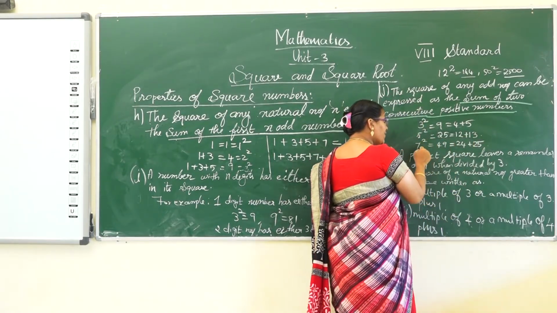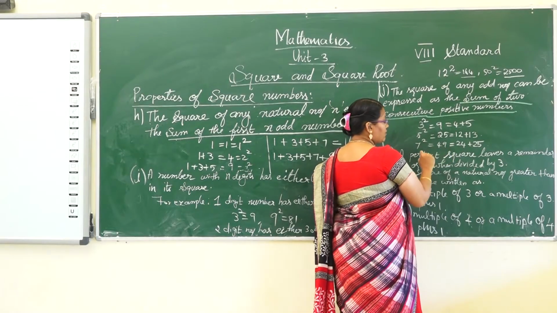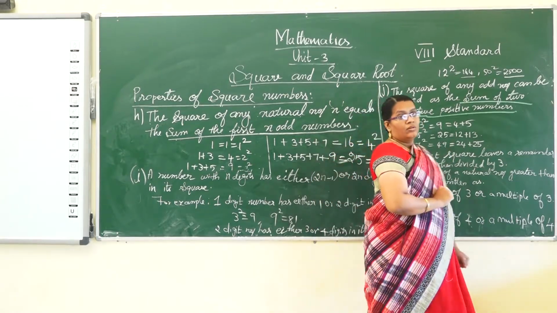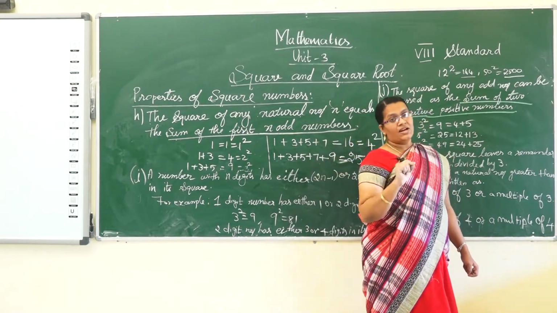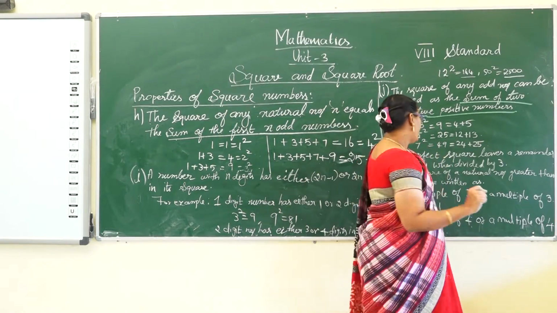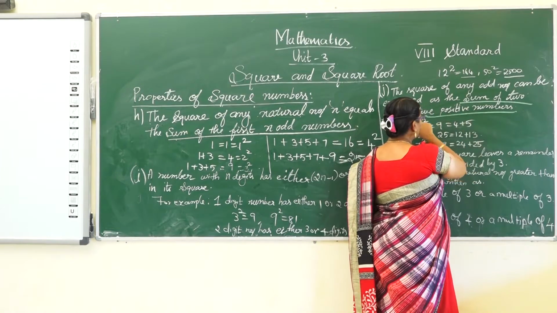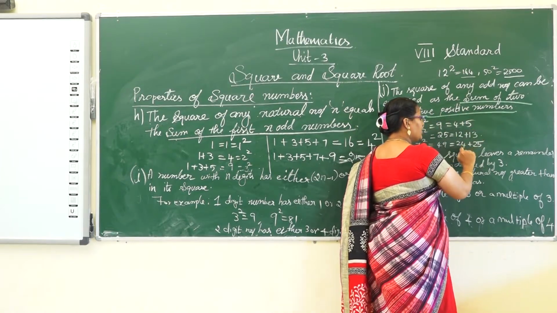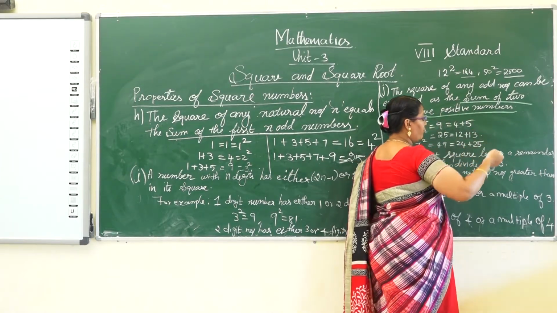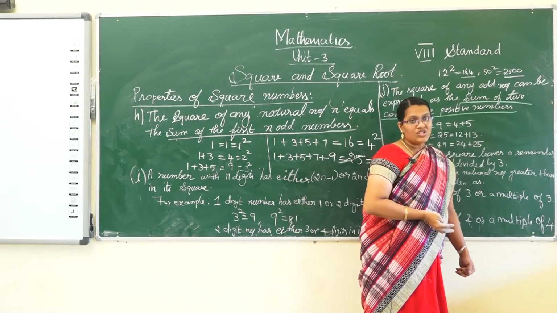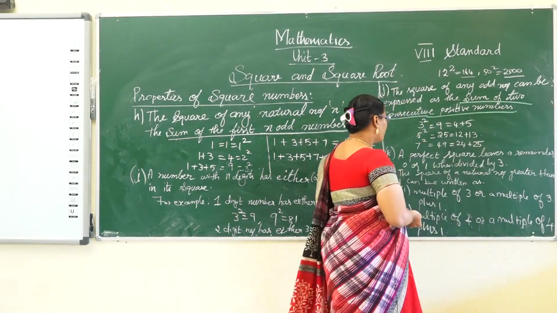Then 7 square is 49. 7 multiplied by 7, 7 7s are 49, written as the sum of two consecutive positive numbers: 24 plus 25. We add 24 plus 25 and get 49.